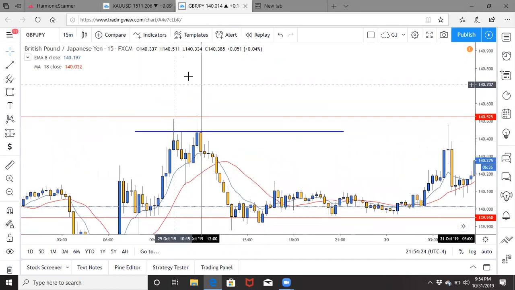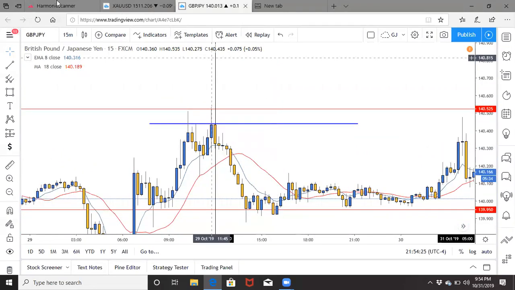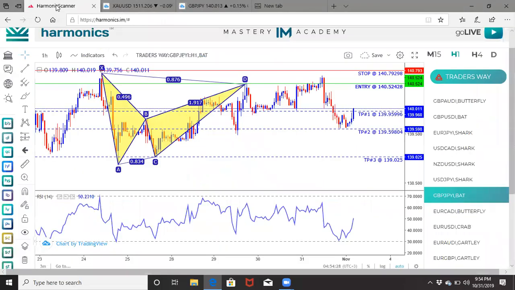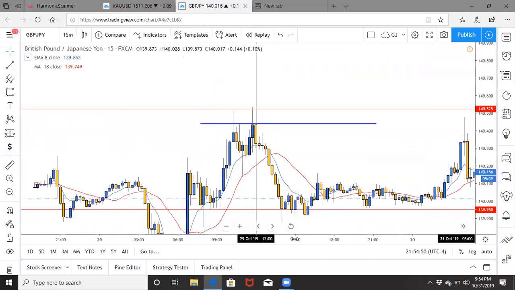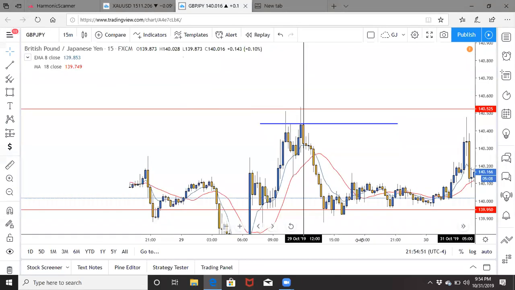Even though it went above the entry point that the scanner called, the entry point is being used as a resistance point, if that makes sense. It never broke it. Even when it tried to, that red bearish engulfing candle came and pushed it all the way down. Trying to get back. Did it go to take profit too? I'm going to check right now.